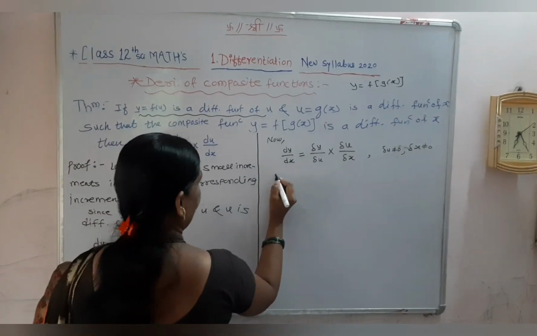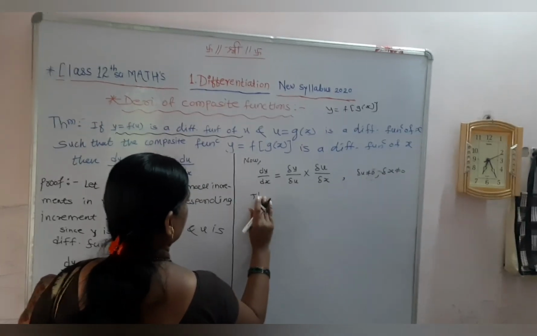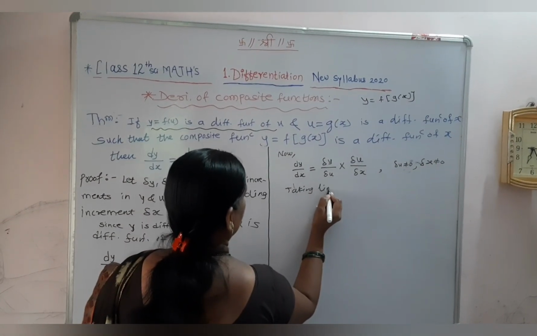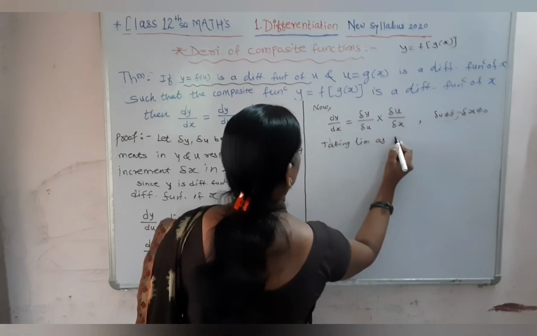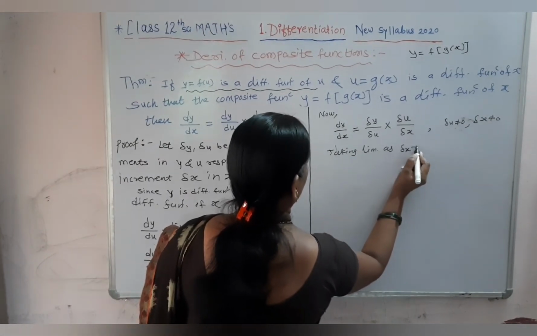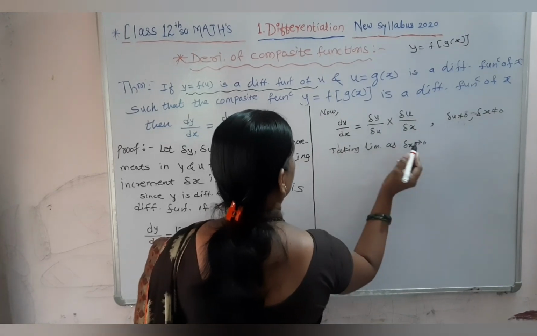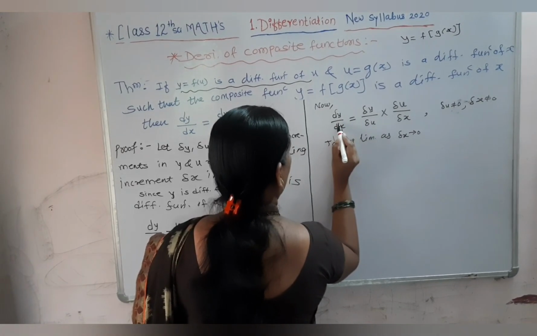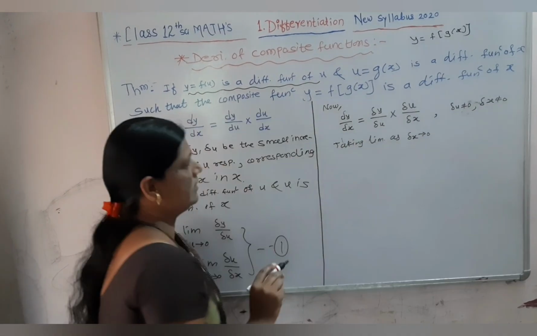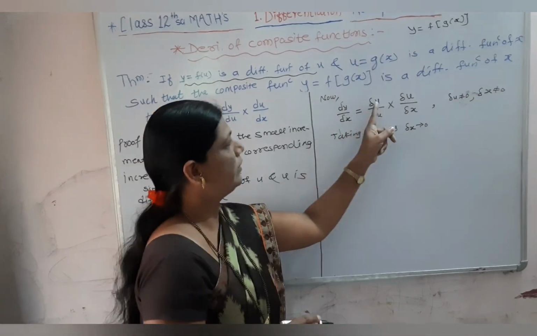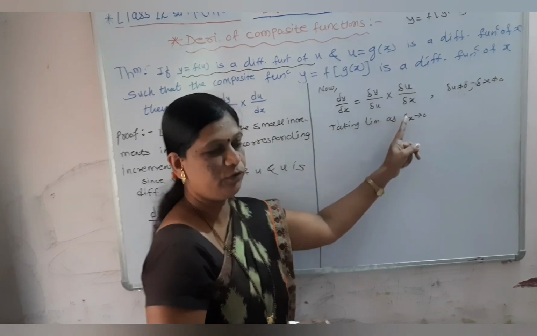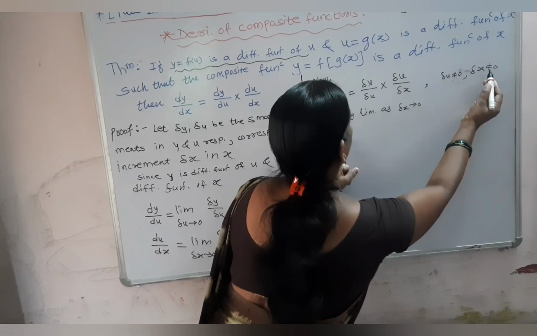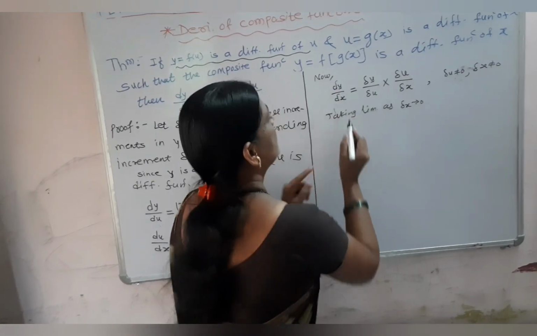Now taking limit as delta x tends to 0. Here we see delta y by delta x. We have considered this as delta y by delta x equal to delta y by delta u into delta u by delta x. We consider like this: delta u not equal to 0, delta x not equal to 0. Okay.